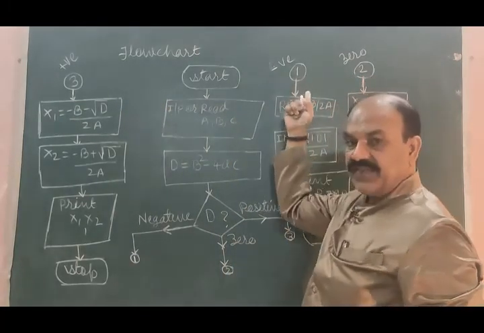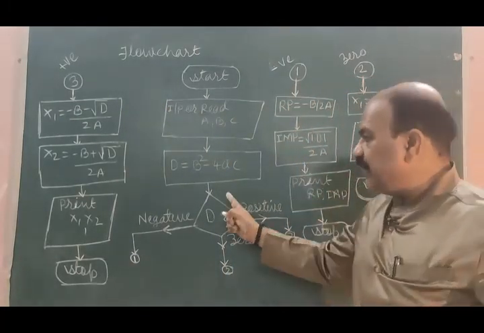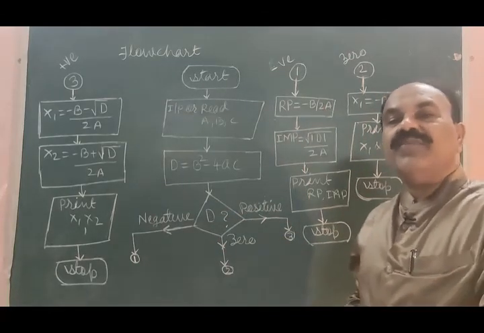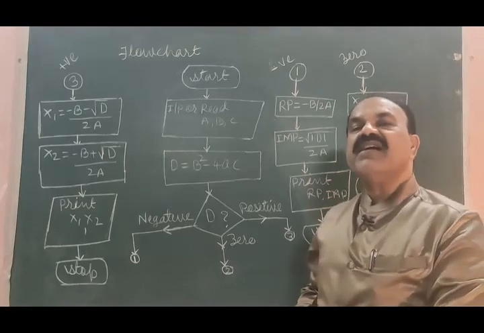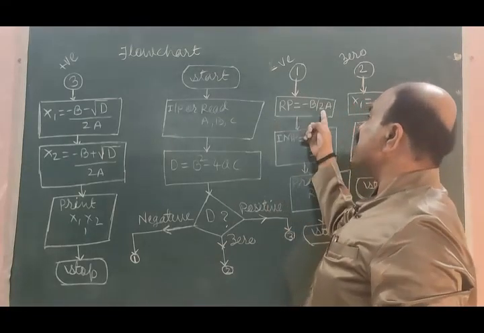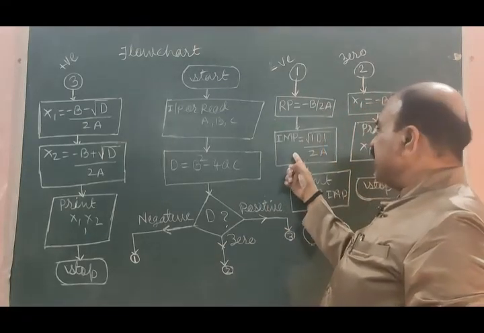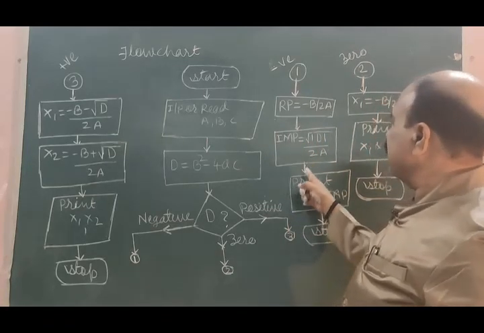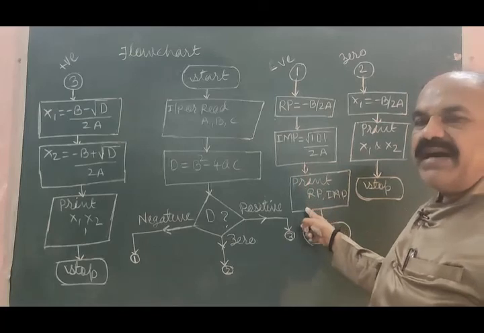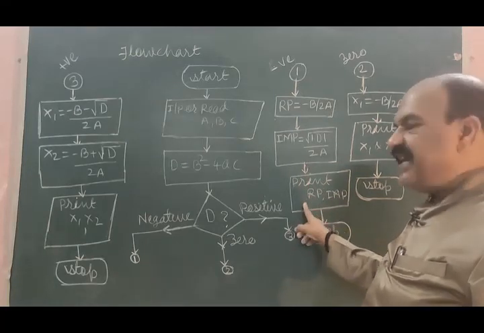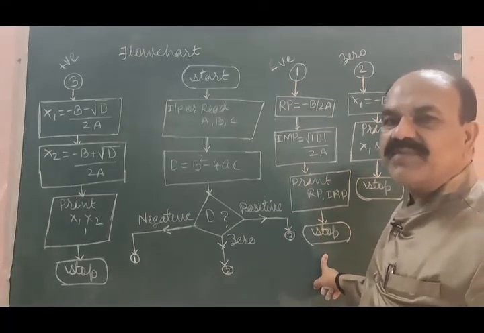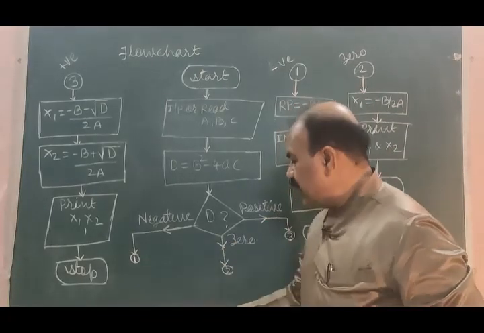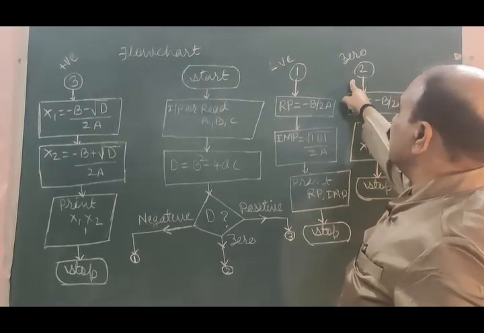What is happening in the first connector? In the first connector, value of D is negative, and therefore the roots are complex, having real part and imaginary part. Real part is this, calculated here. Imaginary part is this, calculated here, and then the real part and imaginary part are printed and the program stopped. Use connector 2 here.